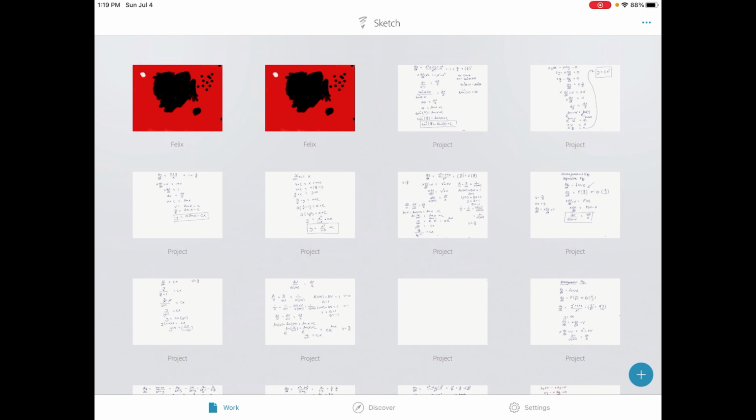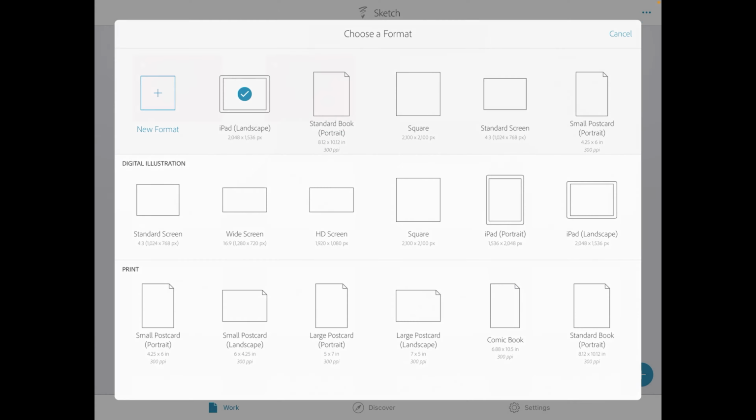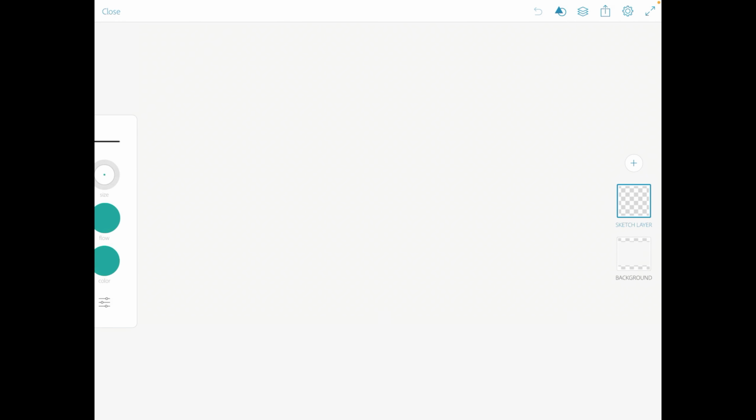Nice thing about that one is that it could be done on a single pane or sheet using Adobe Sketch.